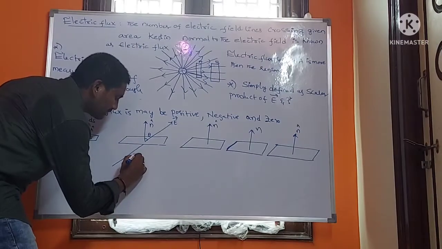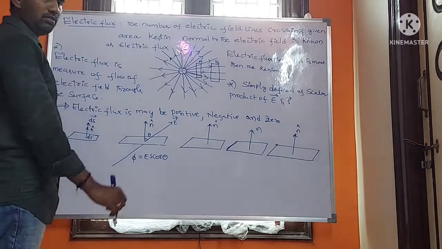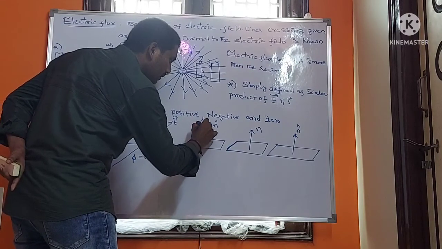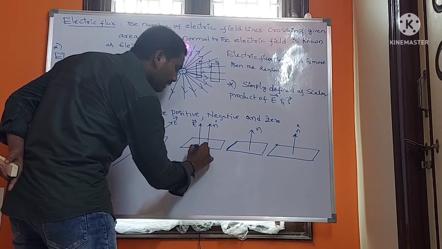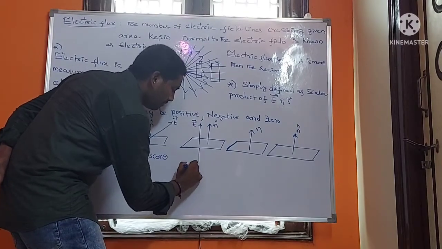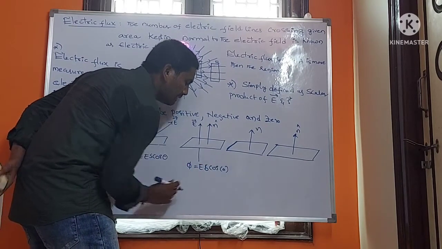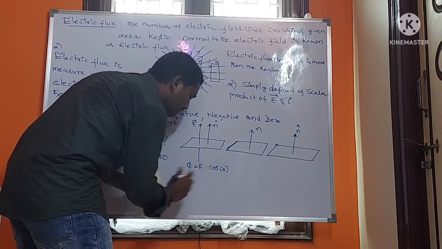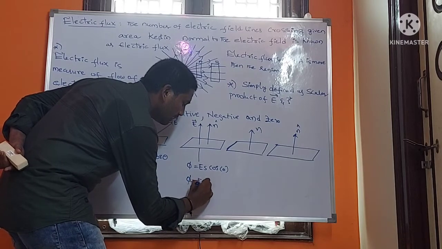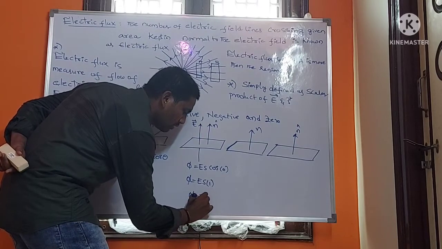In this condition, flux phi is equal to ES cos theta. Now, when the electric field lines pass parallel to the area element, phi is equal to ES cos 0. Both are parallel, so cos 0 is 1, and flux is equal to ES.